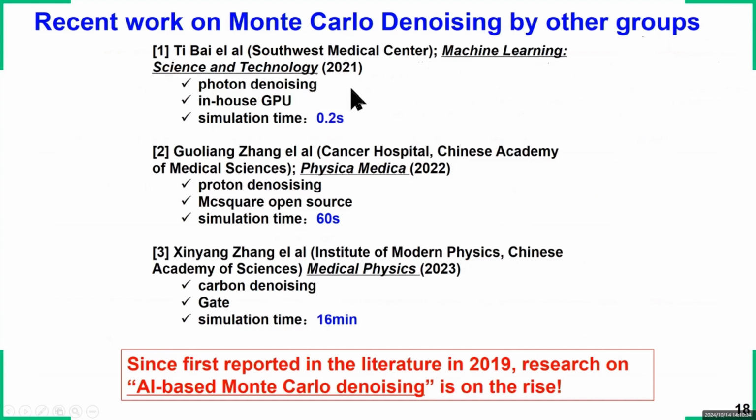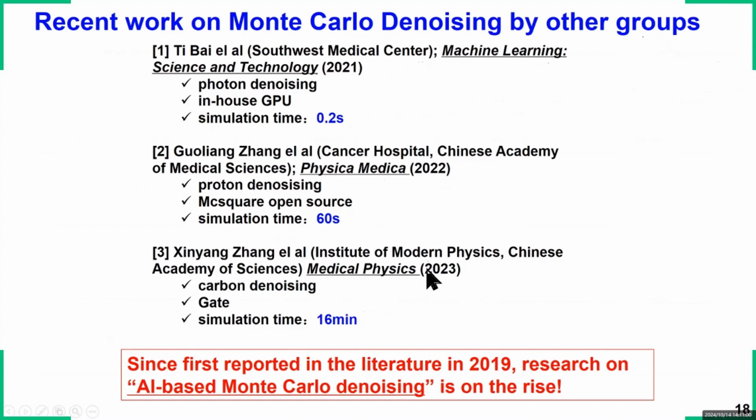They reported a computing speed of about 0.2 seconds. A group from Cancer Hospital in Beijing, China, studied proton radiotherapy denoising, and they reported a calculation using 60 seconds.